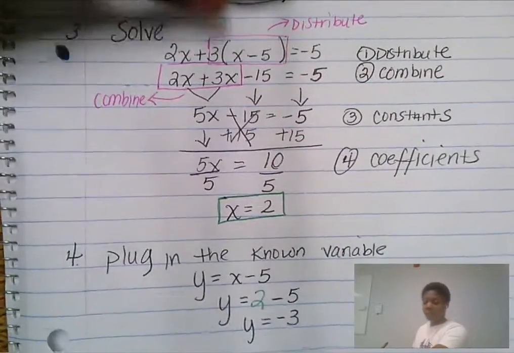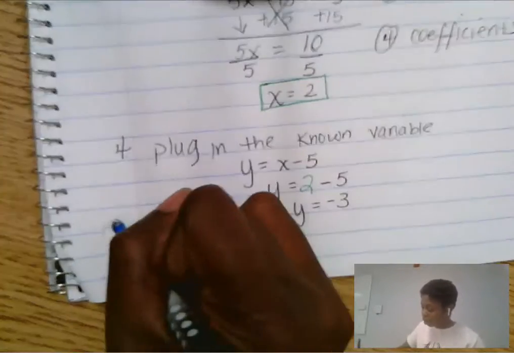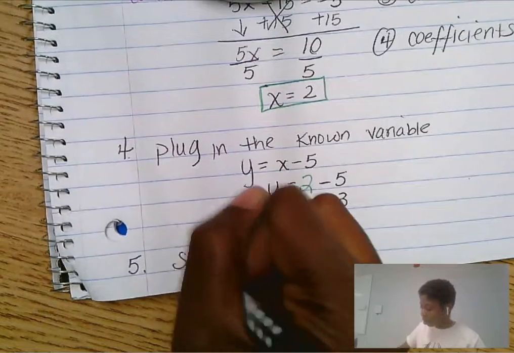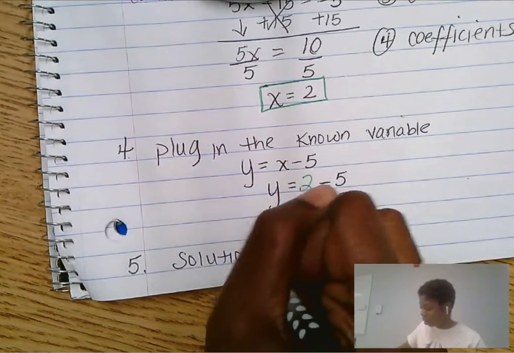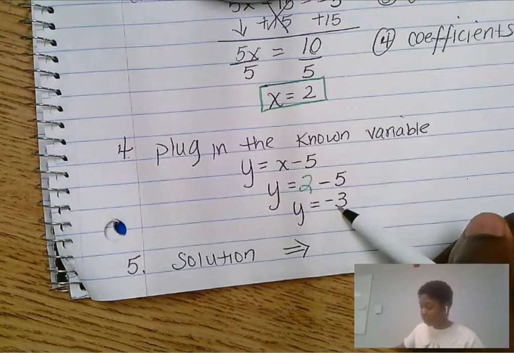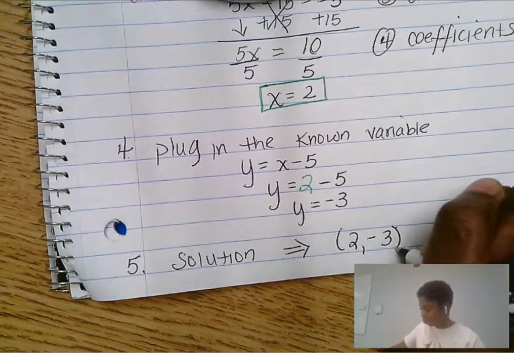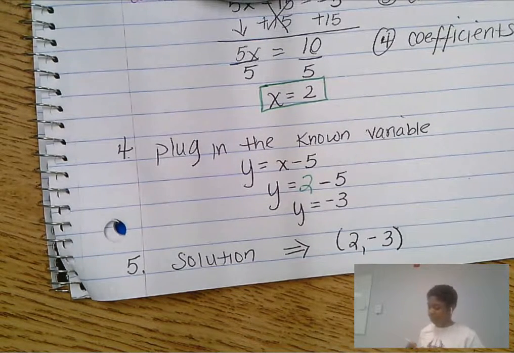And our very last step is to write your final solution as a coordinate. So therefore, your solution is, your x is 2, your y is negative 3: 2, negative 3. And you're done.